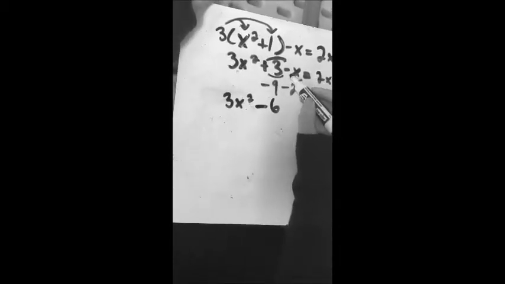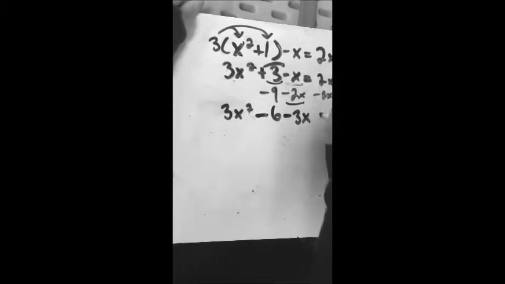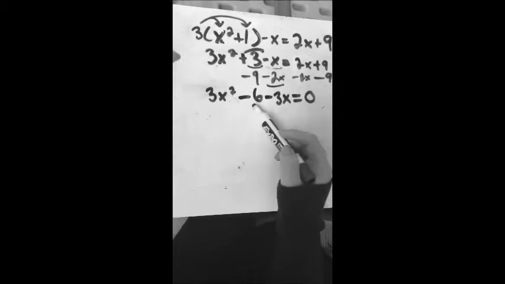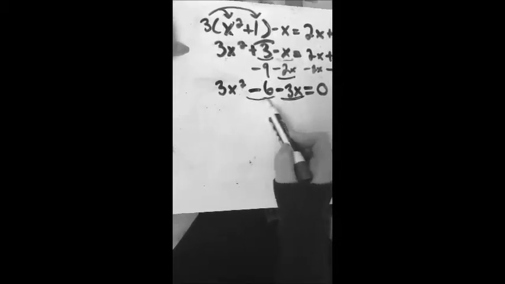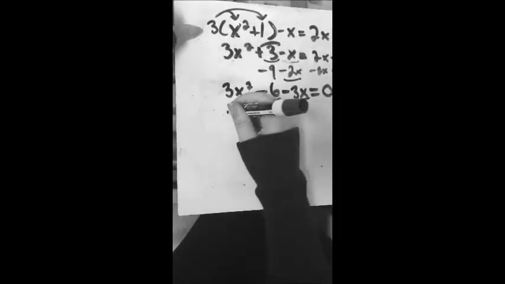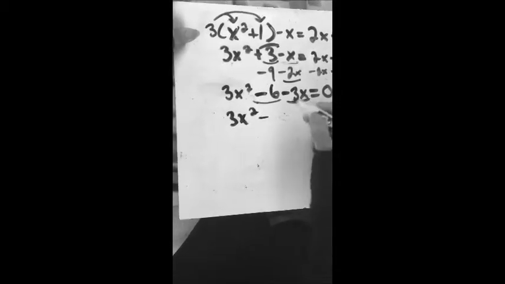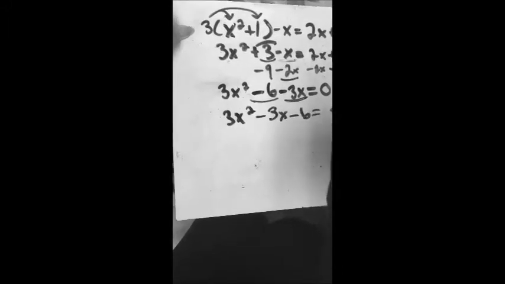And then here, since this x is negative and these two x's are negative as well, it will be negative 3x equal to 0. Now, as you can see here, in standard form, the x is supposed to be in the middle, and this is not the case right now, so you just have to change them. And it will be 3x squared minus 3x minus 6.